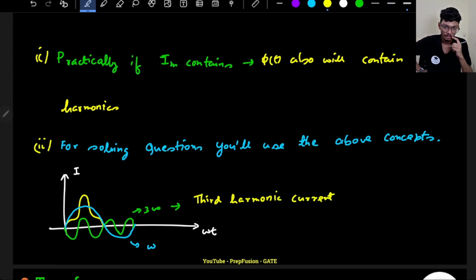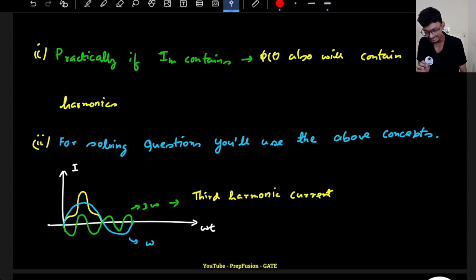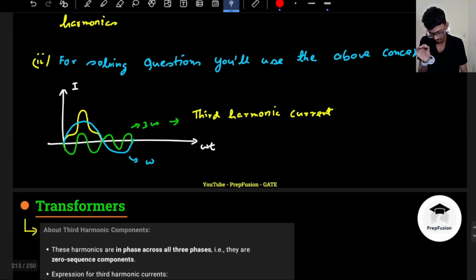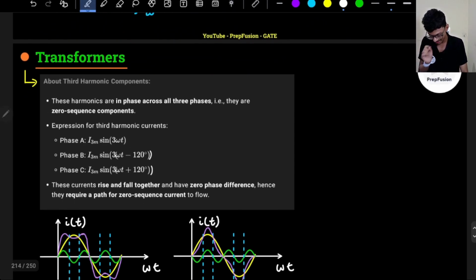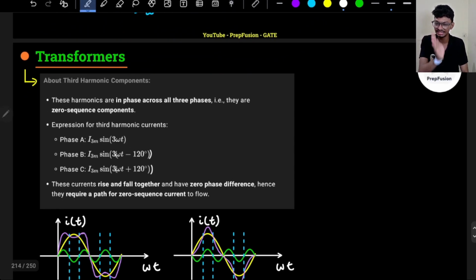One more thing we have to keep in mind: third harmonic current and zero sequence current are kind of the same. What do I mean by it? Let's discuss this third harmonic current. What are third harmonics? Basically, third harmonics means the frequency will be 3 times the actual frequency.